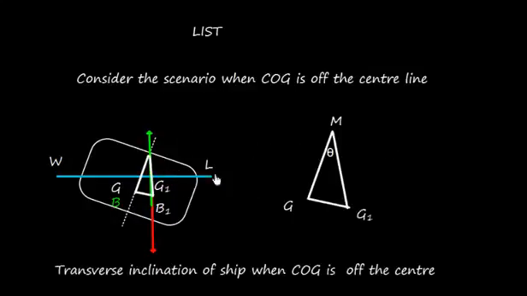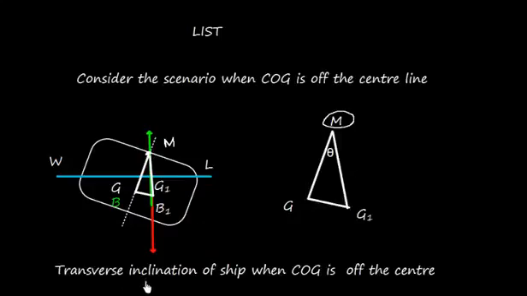So what we conclude here is that there is a G and G1, and wherever they cut, this is called M, and M is the metacenter. M is the intersection of the center line and the new force of buoyancy.